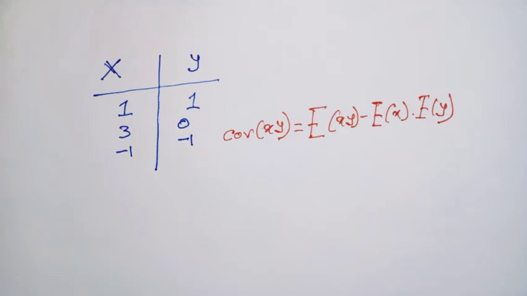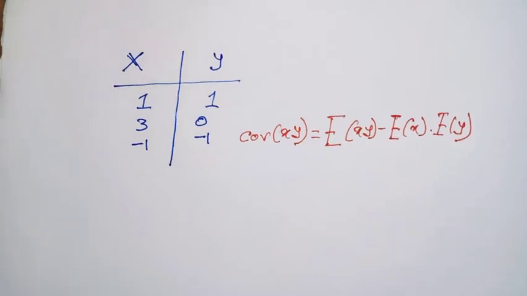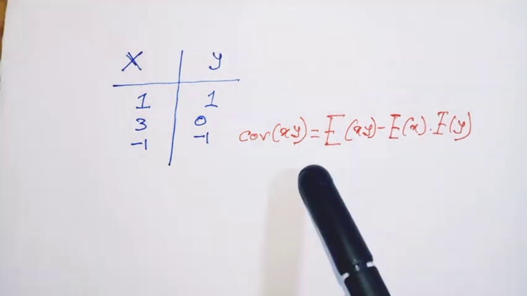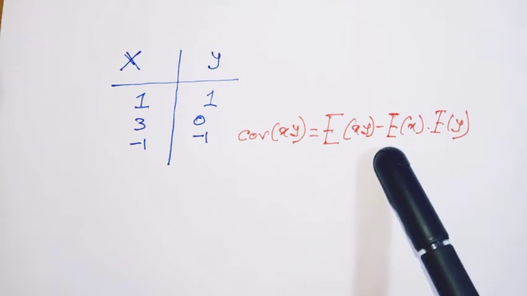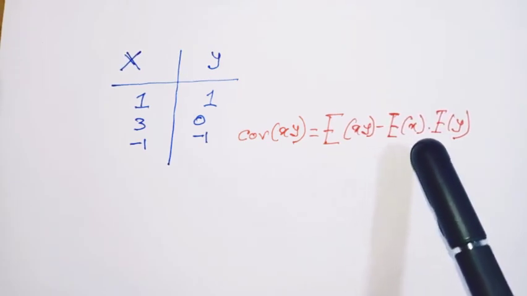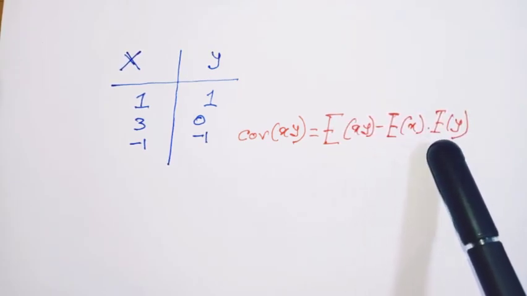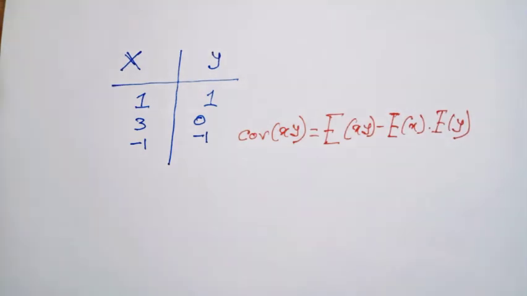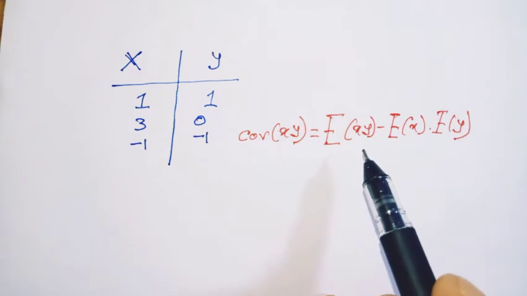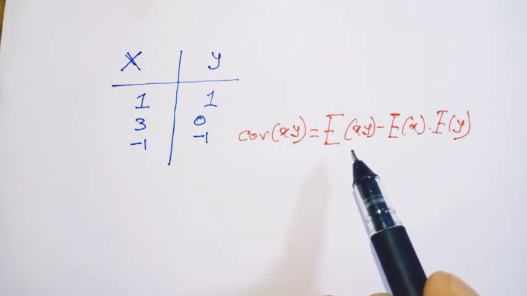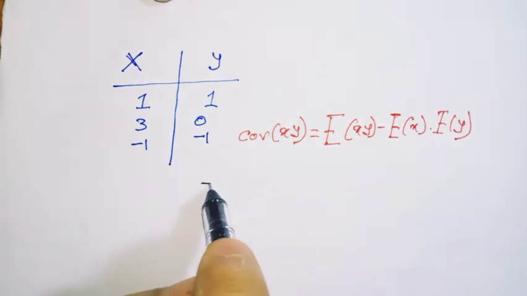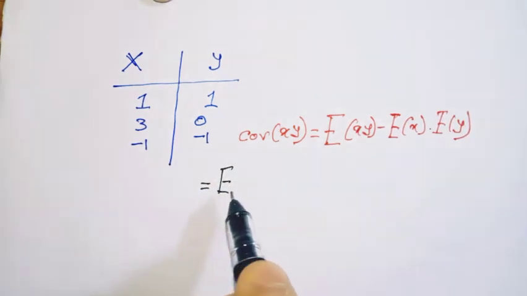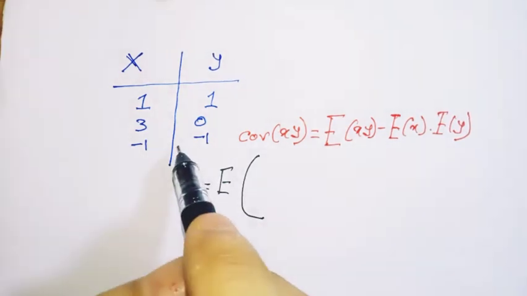I will just repeat it once more. The covariance of x and y is the estimated value of x and y minus the estimated value of x multiplied by the estimated value of y. Let us see how we are going to calculate the estimated values of x and y. We write it equal to the estimated value, and I put a bigger bracket so that it becomes easier.